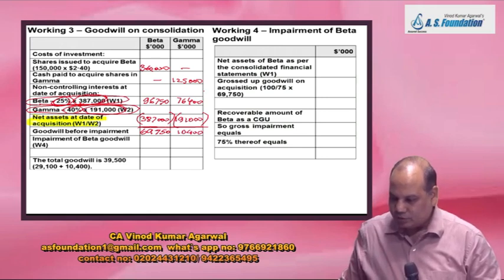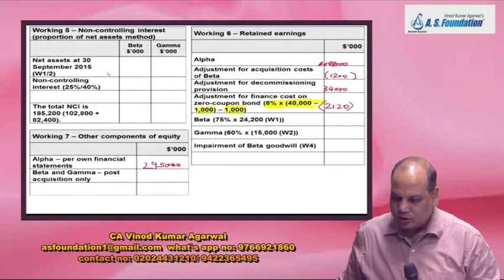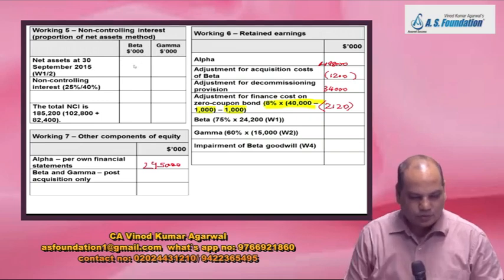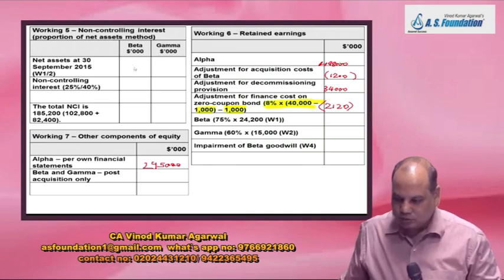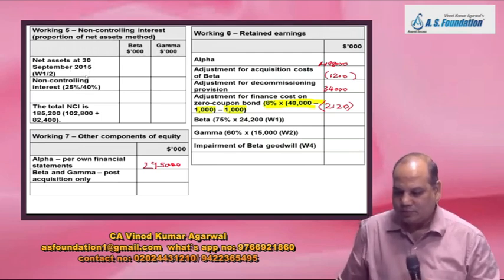Okay. Let us come to non-controlling interest. Proportion of net asset method. So first you write down the closing net asset on 30th September.